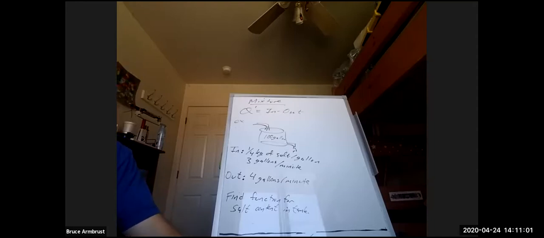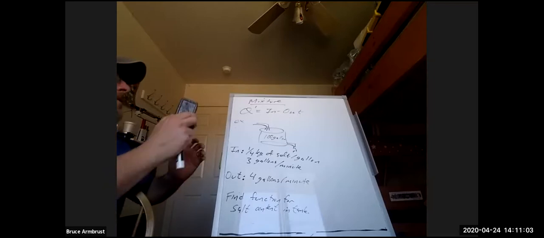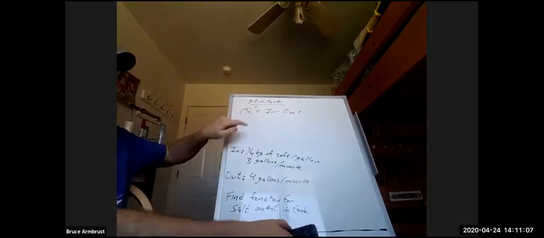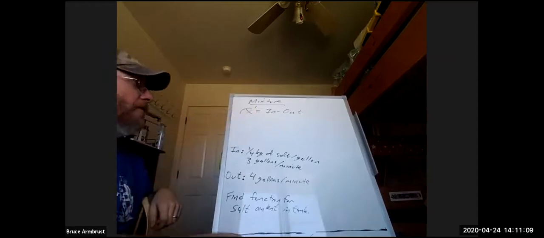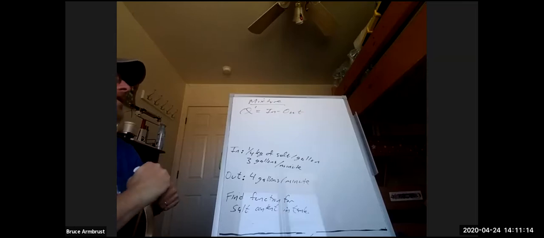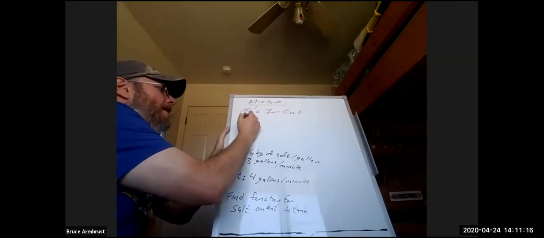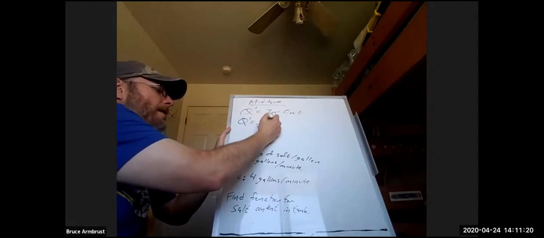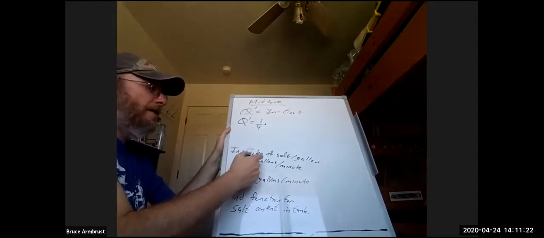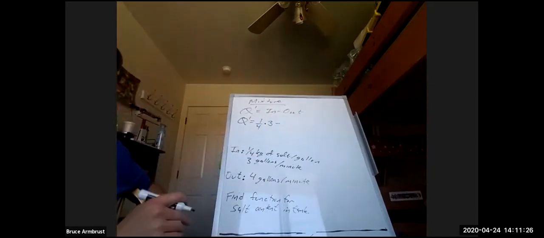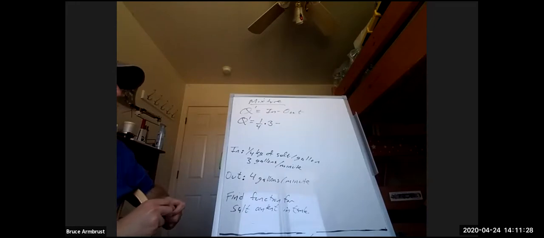All right, well, let's see if we can find that Q. So we're still going to look at this as how much salt is coming in versus how much is leaving. In terms of how much is coming in, we're getting 1/4 of a kilogram times the 3 gallons per minute. So we're actually getting in 3/4 of a kilogram of salt every minute.